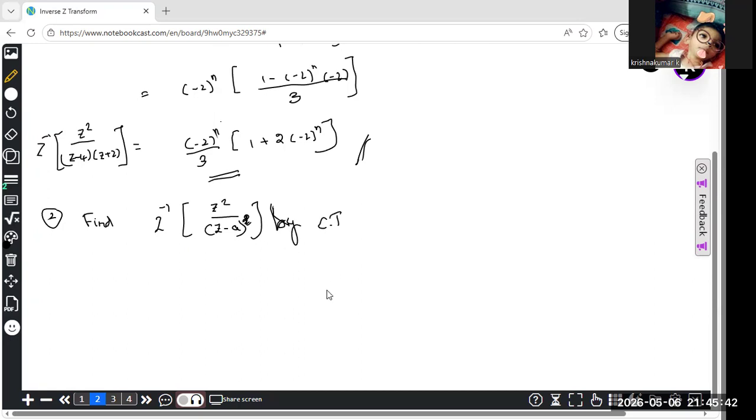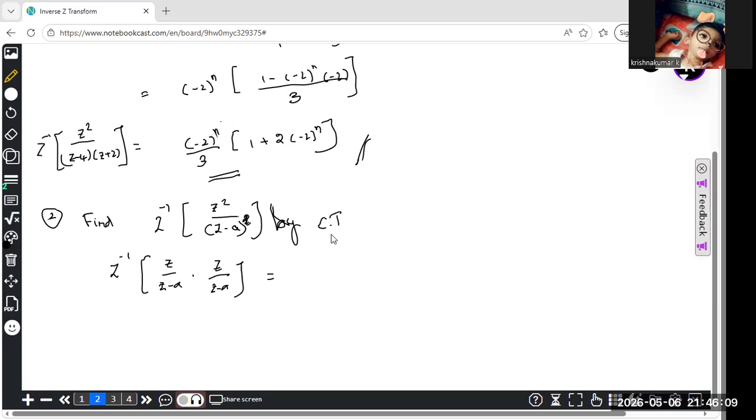As we did earlier, first you write it as a product of two functions: z by (z minus a) into z by (z minus a), because we have (z minus a) whole square.